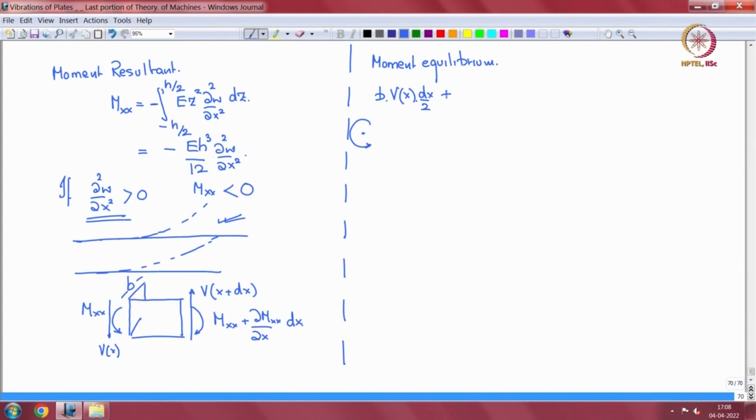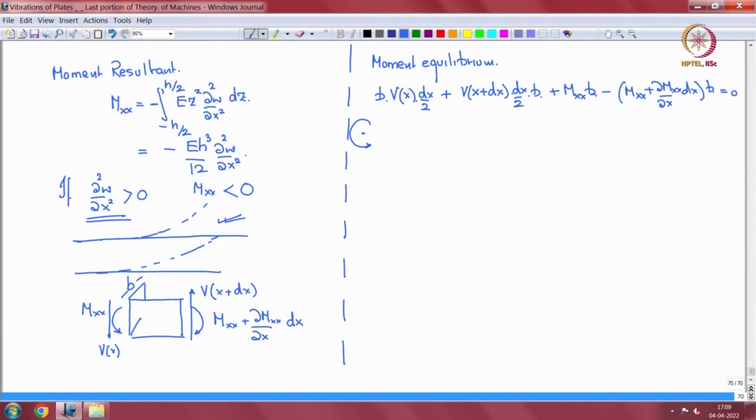Then plus V of x plus dx into dx by 2 into b. Then Mxx into b minus Mxx plus del Mxx by del x dx into b, because these are resultants, that is equal to 0.